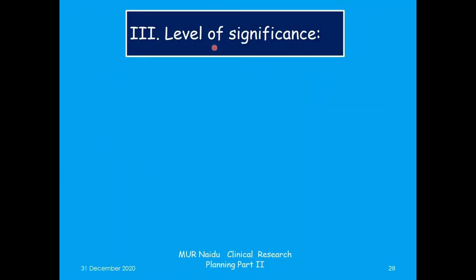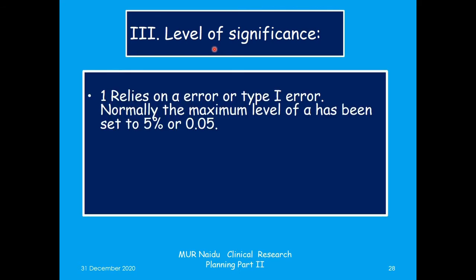Level of significance depends on the type of various errors which occur in a clinical trial, and that significantly affects the requirement of sample size. One type of error in a clinical trial is known as alpha error or type 1 error.